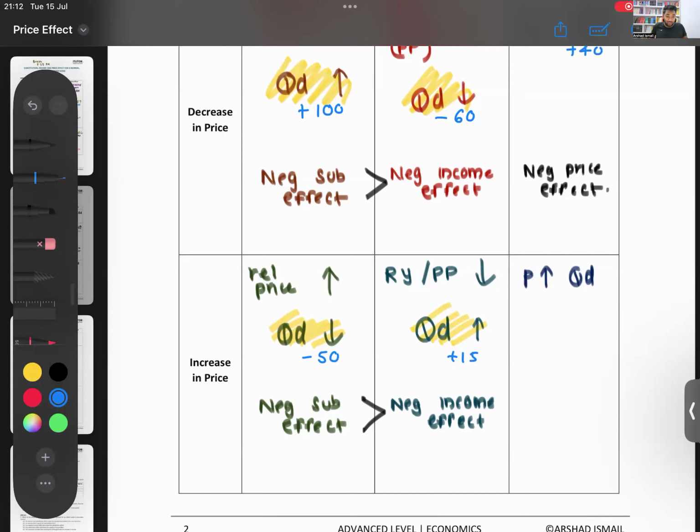Substitution effect says it will fall by 50, the income effect says it will increase by 15. Overall, it falls by 35. QD will decrease. So what type of price effect is this? Price is increasing, QD is decreasing. You have a negative price effect.